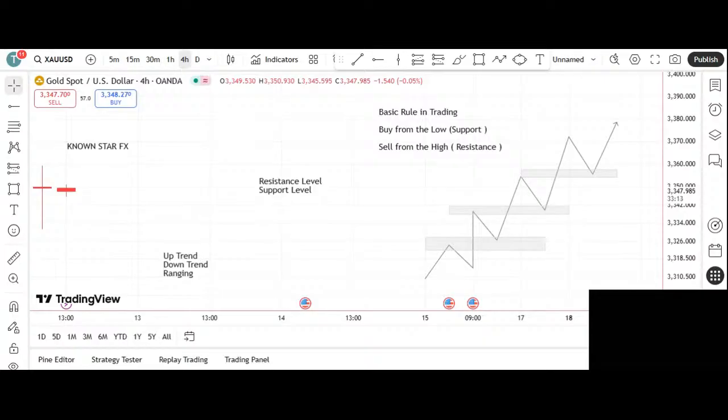If you understand up to this level, where a resistance level becomes support, type two in the comment section, so that we know where to actually continue from.